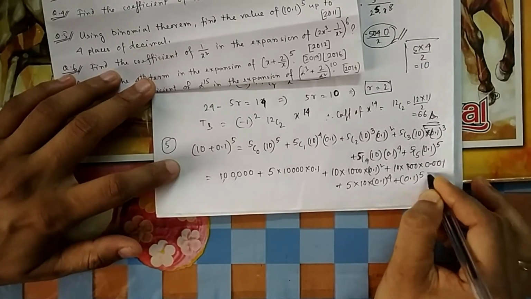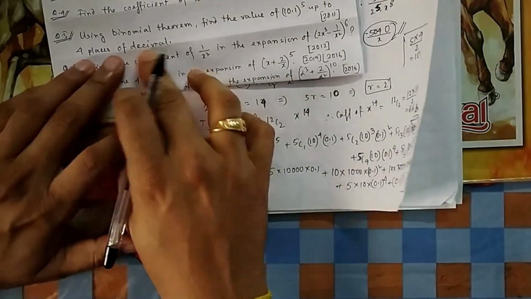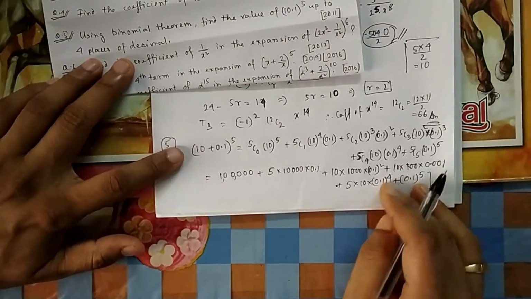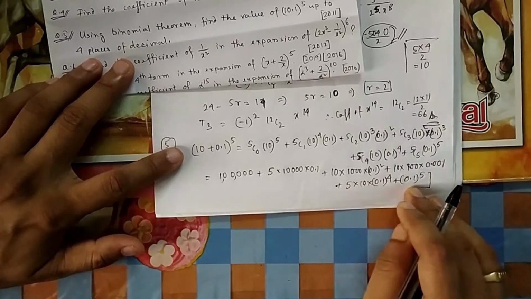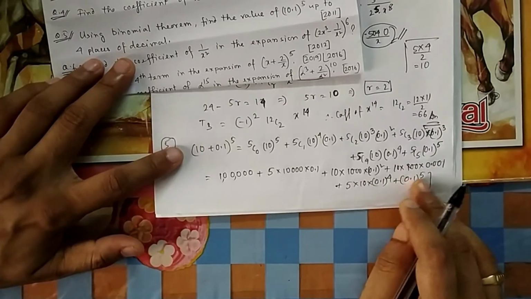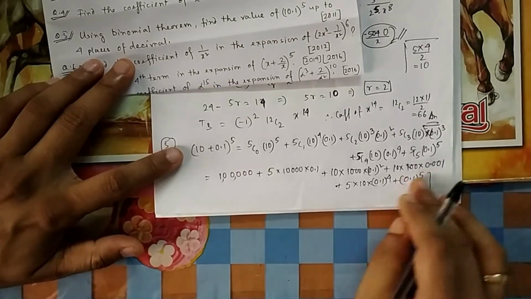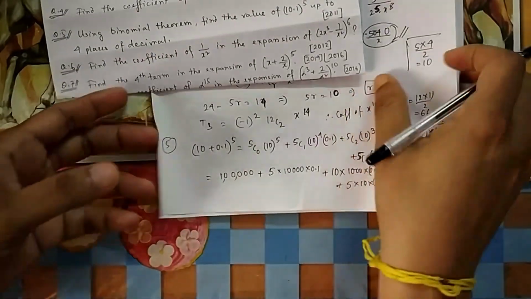Now one thing you notice here, they have asked you to find up to 4 decimal places. The 0.1 to the power 4 term will reduce to the third decimal place, it may bring some effect, but the last term will never reach the 4th decimal place because it goes beyond 5 decimal places. So you can remove the last one, no need to calculate.